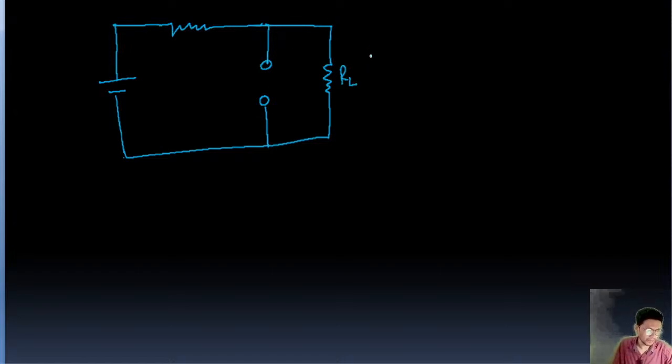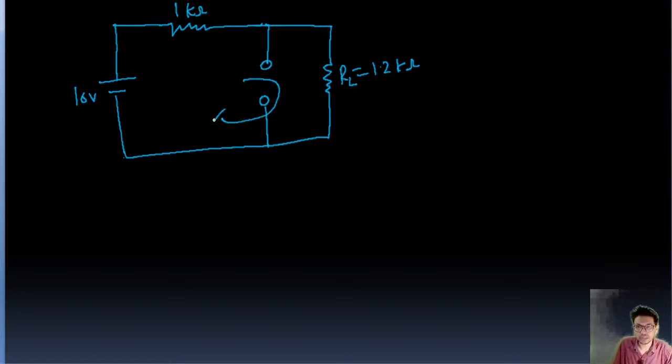This is RL, the value is 1.2 kilo ohm. This is 1 kilo ohm. This is 16 volt. We have removed the diode, so this becomes open circuited, right?